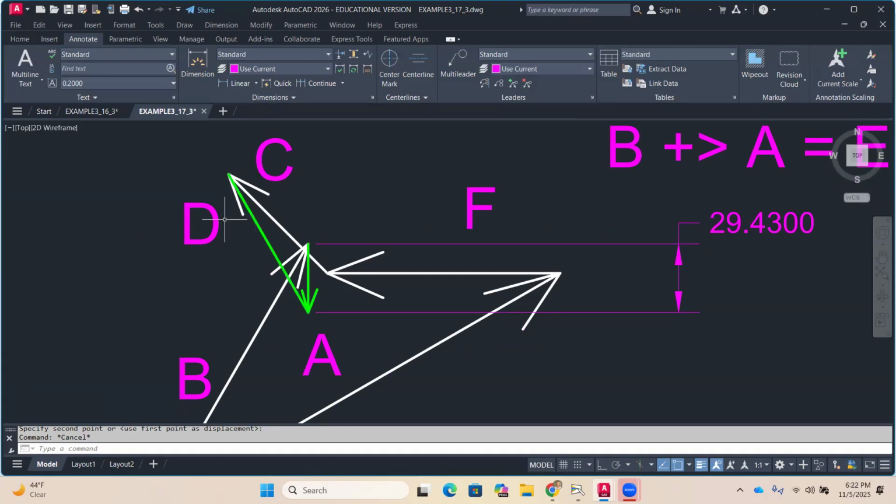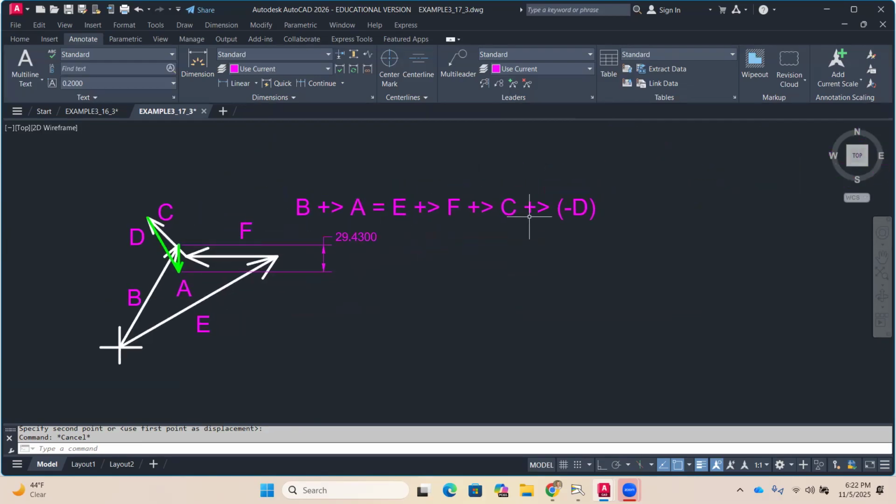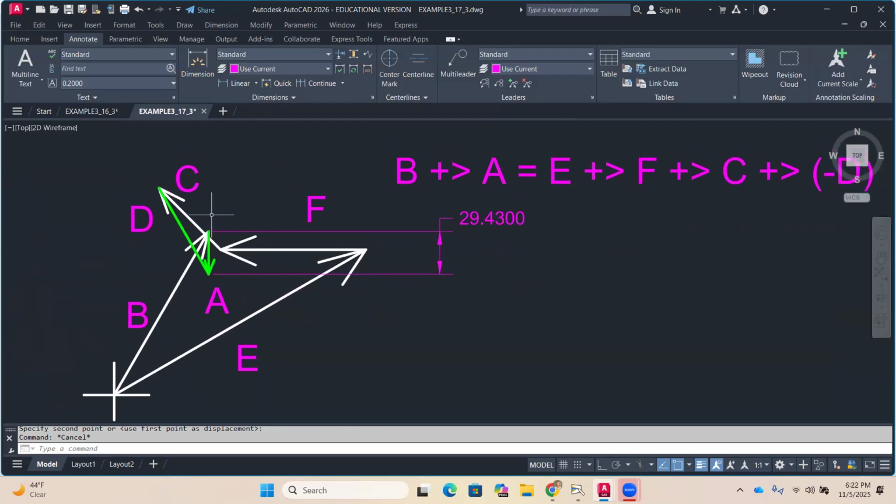Oh no, down and to the right or up and to the left? Up and to the left. No, sorry, that's okay. Plus negative D. I want to know, where are we adding negative D? It has to be tip to tail, right? So the tail of D has to be at the tip of A, and negative D will go down and to the right, correct? So which way is positive D?